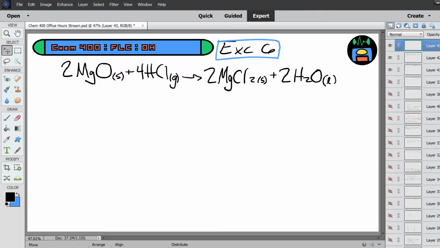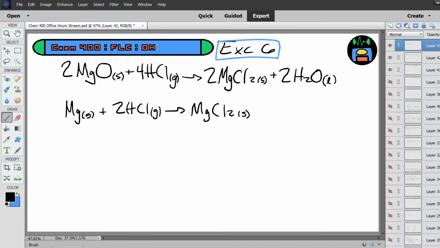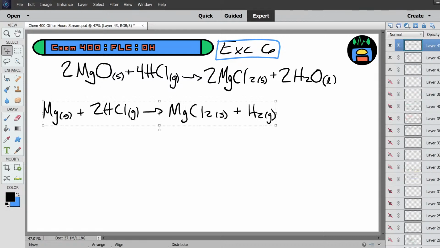Now let's look at the reactions that we are given. First, we're given solid magnesium plus 2 moles of HCl gas producing magnesium chloride, which is a solid, and H2 gas, and this reaction has a delta H of, okay, and Lauren, I'm going to just alter these numbers so that I won't be giving away the answer.